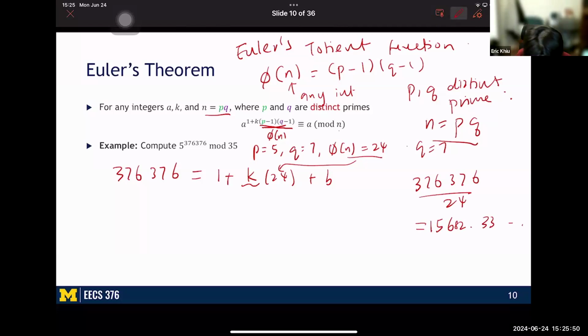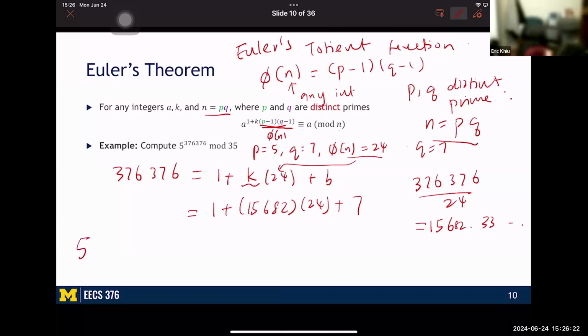This means our k would be 15682, times 24, and then we just need to calculate the remainder. If you do the arithmetic, 376 minus 15682 times 24 minus 1, this remainder is going to be 7.